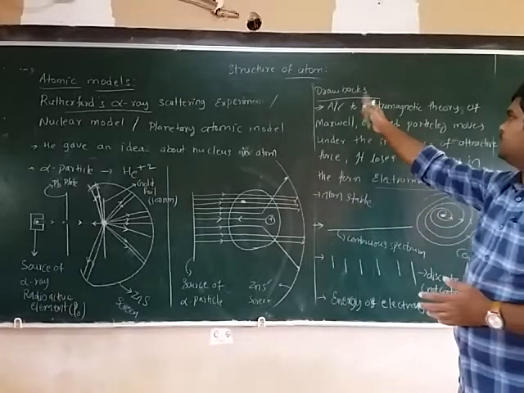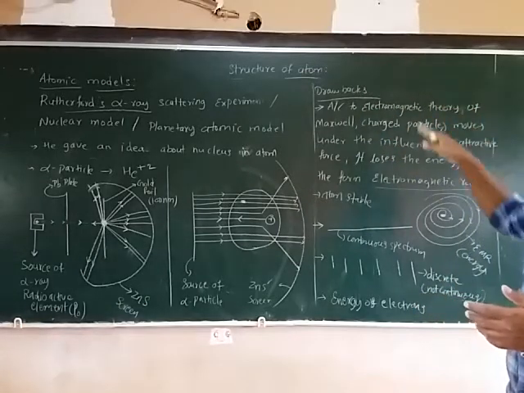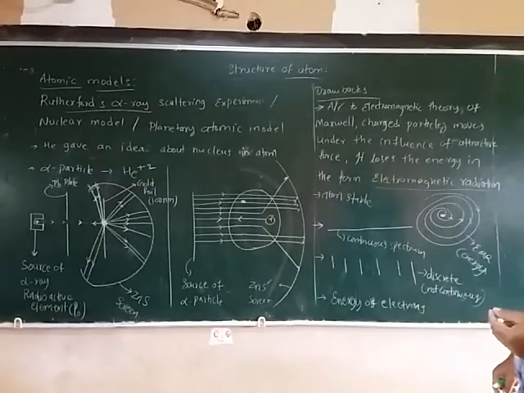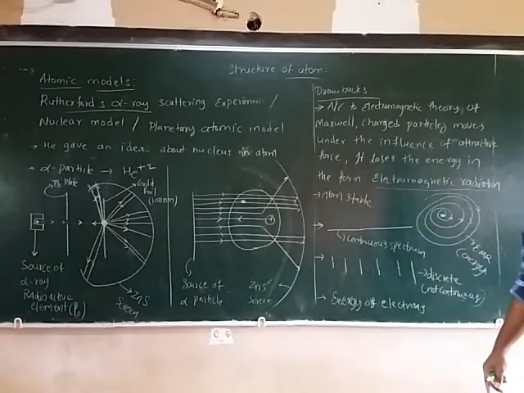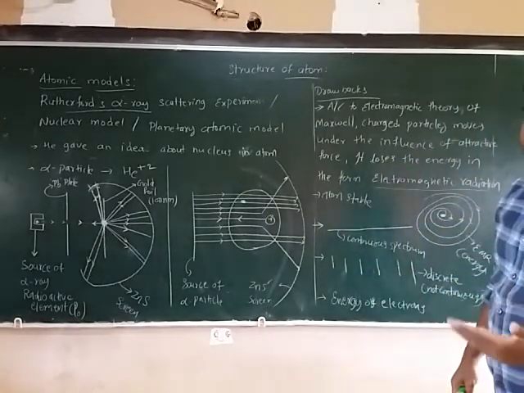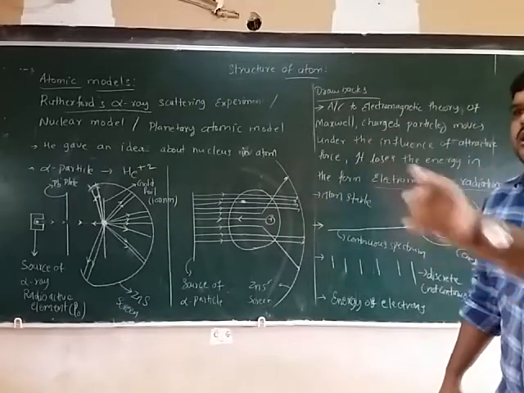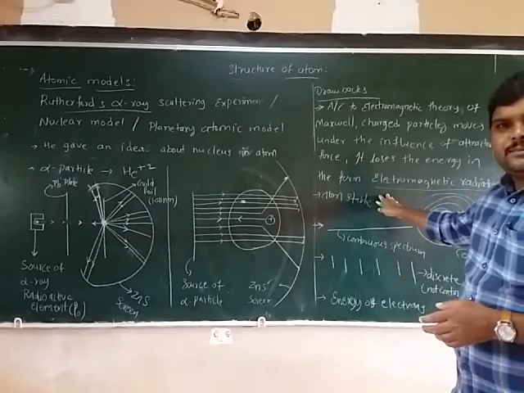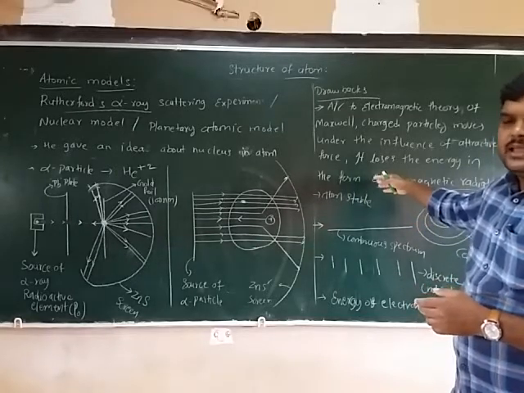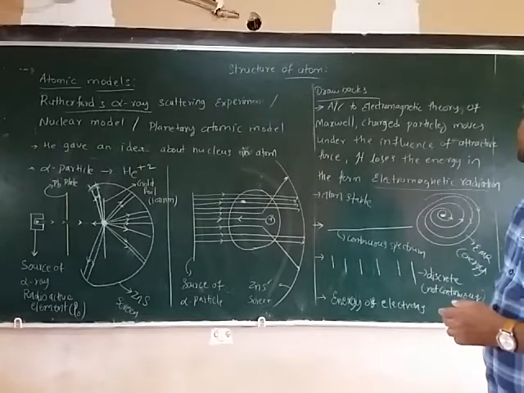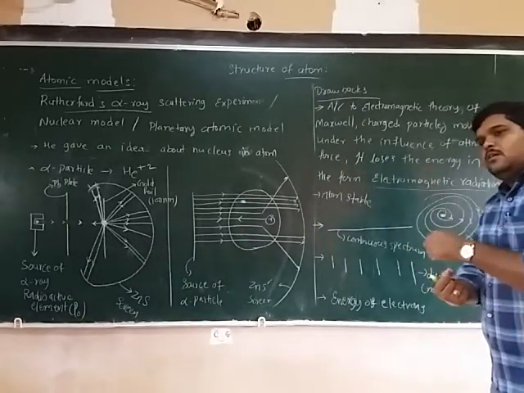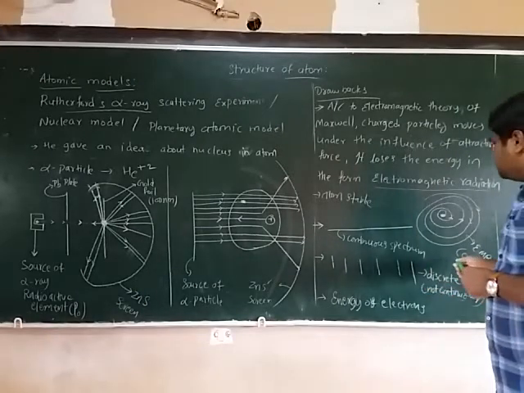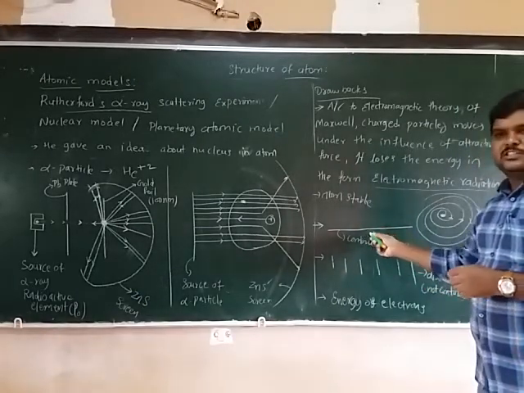So what are the drawbacks? First, according to Maxwell's electromagnetic theory, any charged particle under the influence of attractive forces has to lose energy continuously. Finally, it has to fall into the nucleus. But here the atom is stable, so that is not explained by Rutherford. And when the electron loses energy continuously as electromagnetic radiation, the spectrum must be continuous.